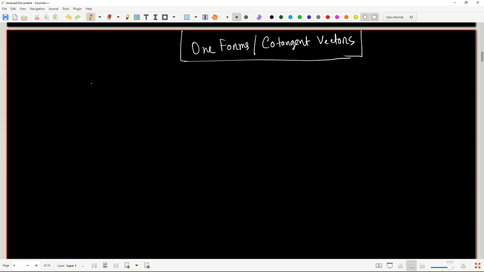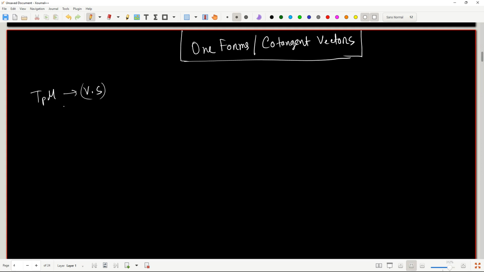Now let's talk about the one forms, or so to say the cotangent vectors. Since we said that this tangent space is a vector space, let's say we're writing vector space as v.s., an acronym. This means vector space.